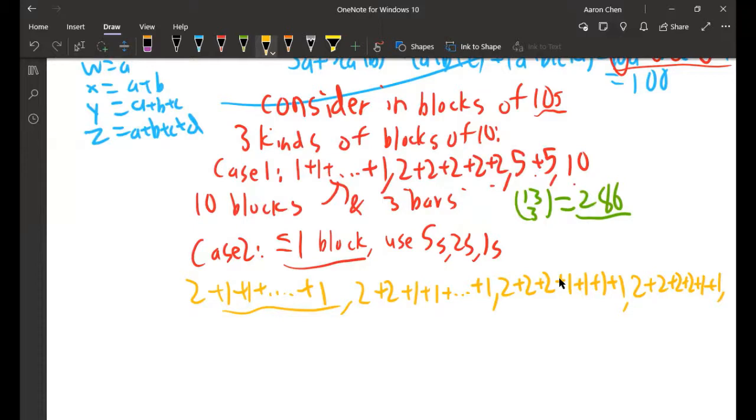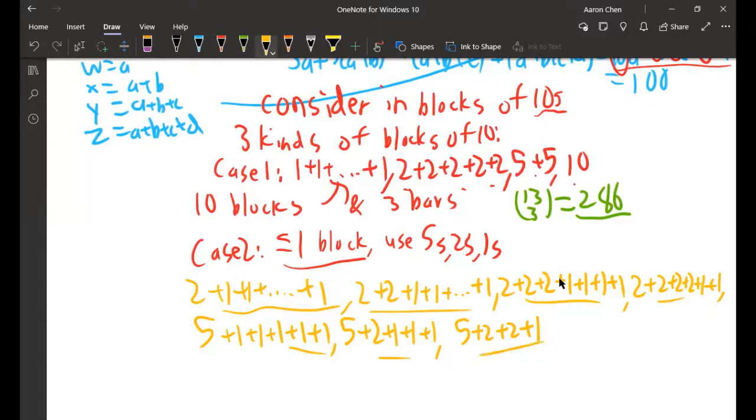If we had a total of 5 2s, then this would count as a case in block 1, which is not good. So now we go to 5s. If there's a 5, the remaining would be 5 1s. The next case is a 5, a 2, and 3 1s. The final case here is a 5, 2 2s, and 1 1. This is a total of 7 cases.